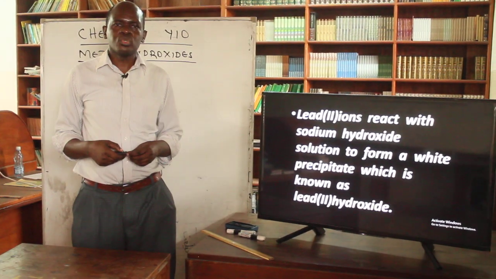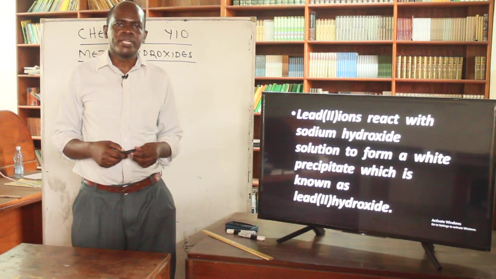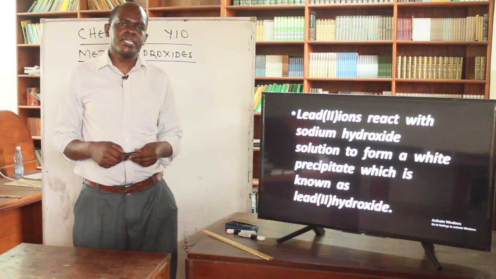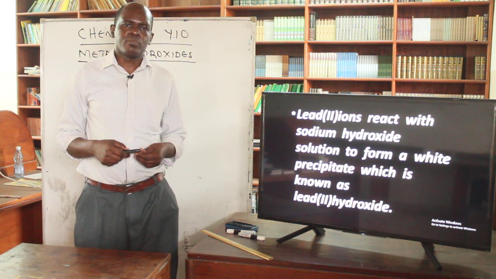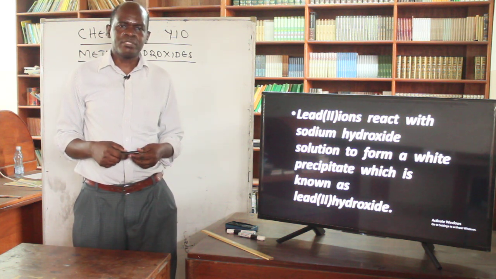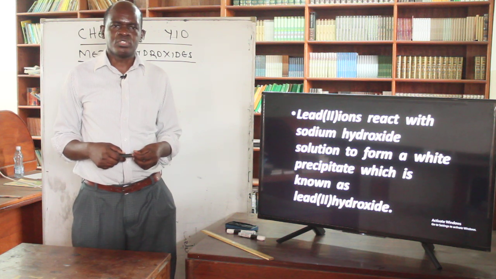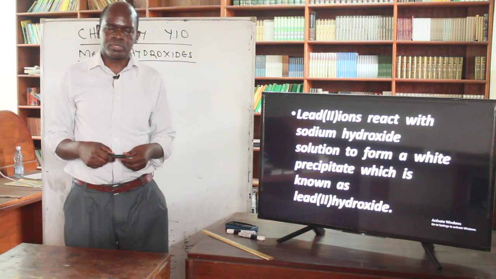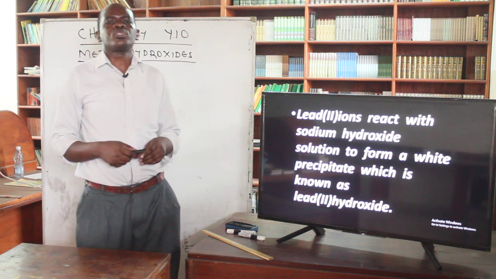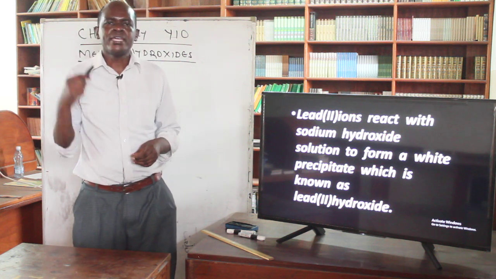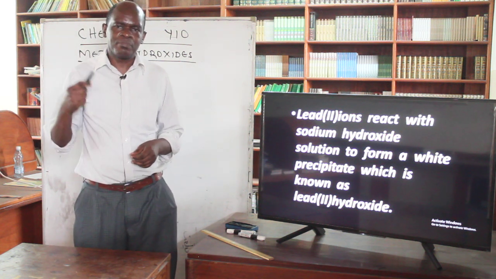Now, lead(II) ions also react with sodium hydroxide, resulting in the formation of a white precipitate, which is known as lead(II) hydroxide. At least by now, you should be in a position to identify the name of the precipitates formed.